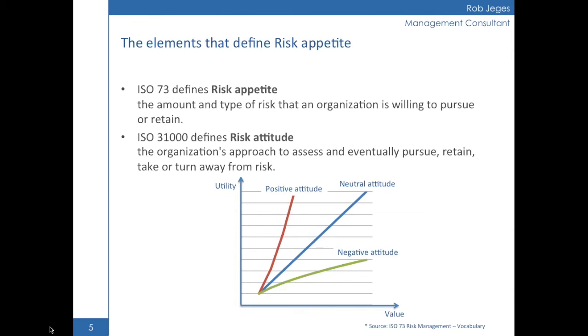When you are trying to create value, you will have a positive attitude towards risk. You're going to venture more in order to create that value. When you have that value, you're trying to protect it. So you have a negative attitude towards risk. You try to conserve and keep. So you're risk averse.